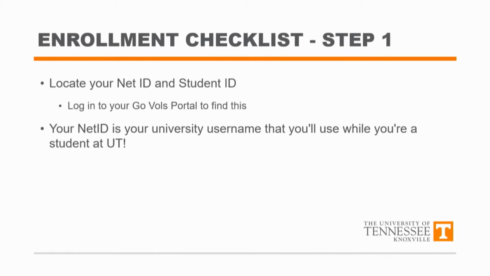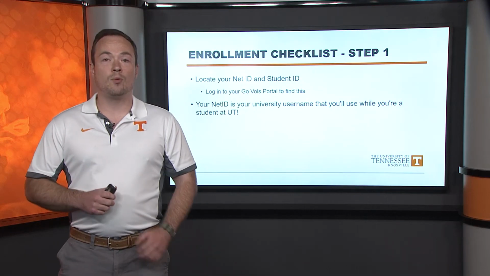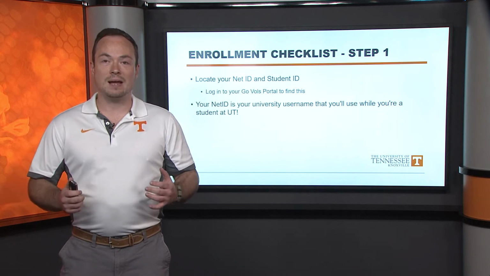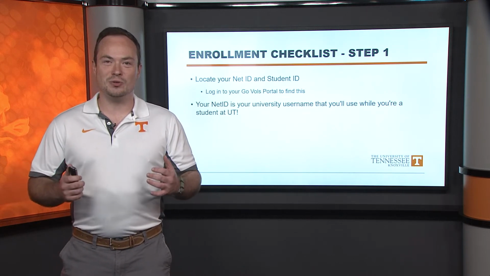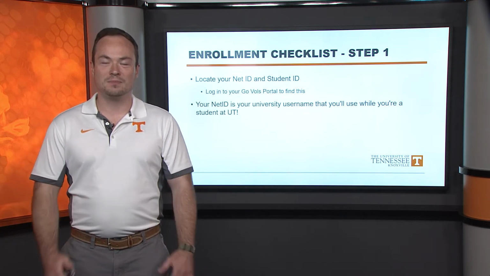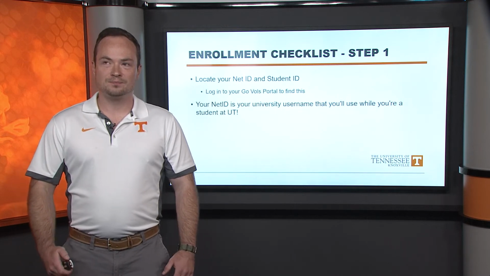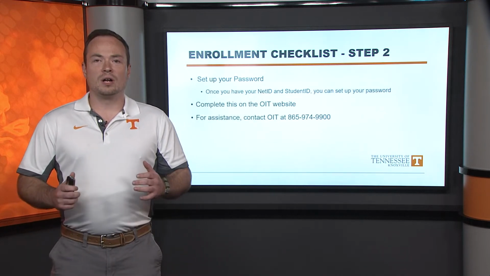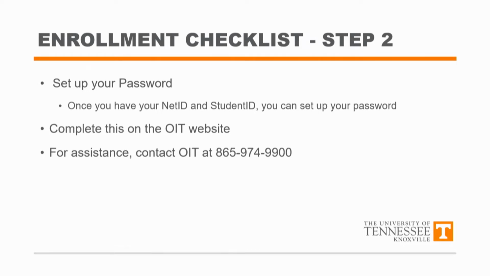And so you're going to want to log in and get that. The net ID is especially important because that is your university username for pretty much everything that you're going to log into and do here at UT as a student. So grab those things, and then we're going to go to set up your password.